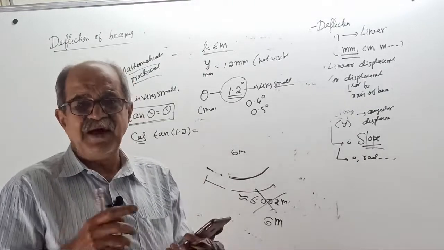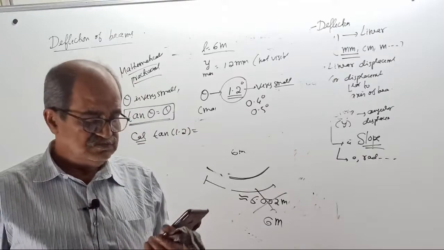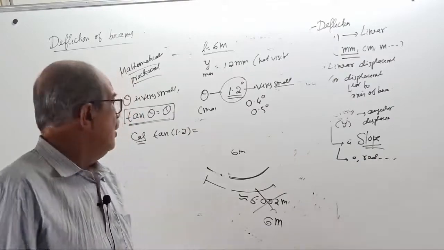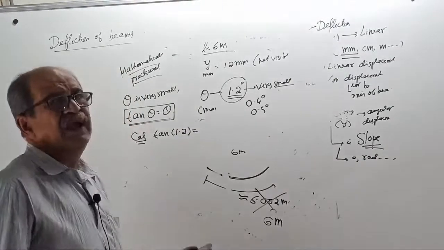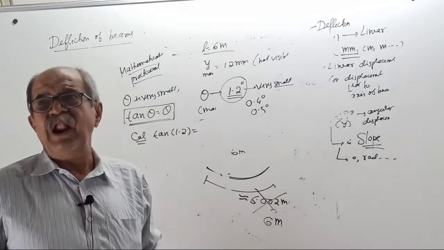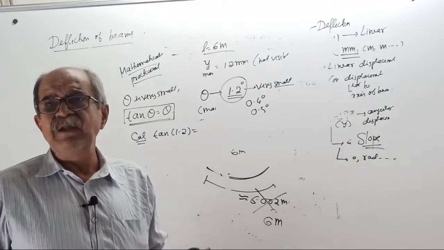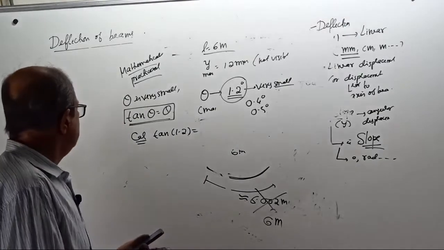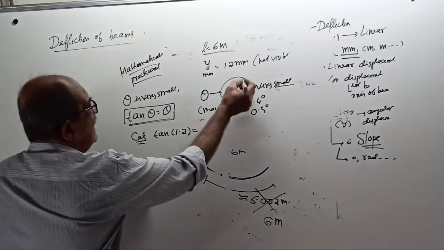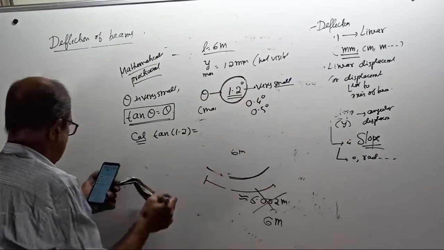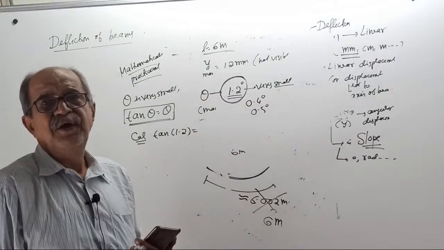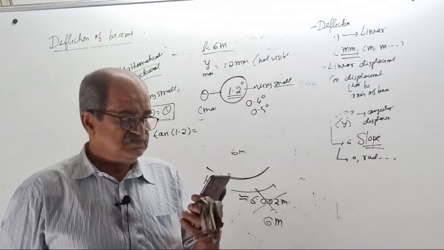So when you tell tan theta equal to theta, it means when you take tan of 1.2, you should get back theta answer only. Just imagine, for understanding, theta is 1.2 degrees. First, take calculator. Calculate tan 1.2.